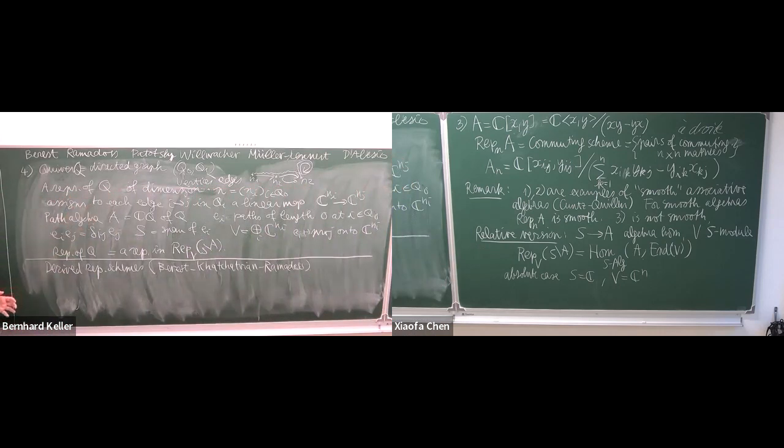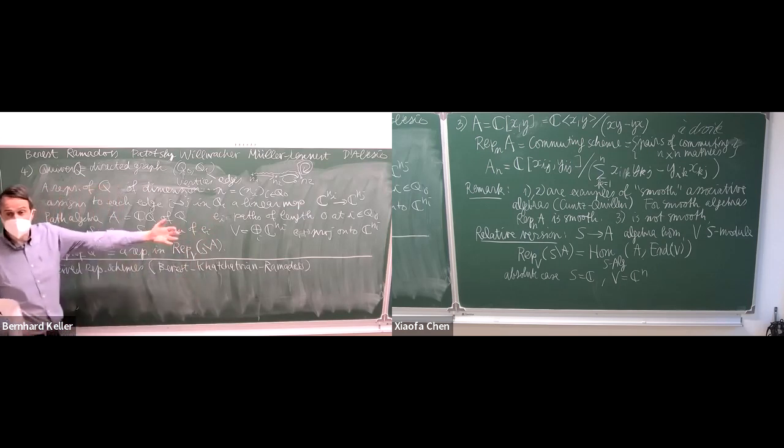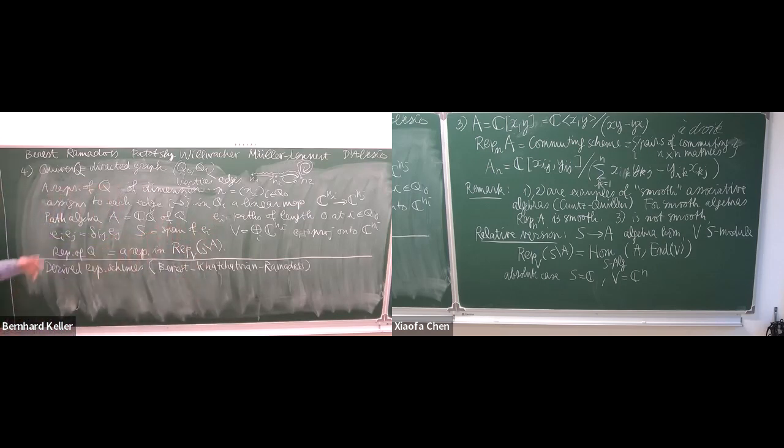But they work well if you have a smooth algebra A in the sense of Quillen, because then all these commutative schemes are smooth varieties. But otherwise it's not so good.